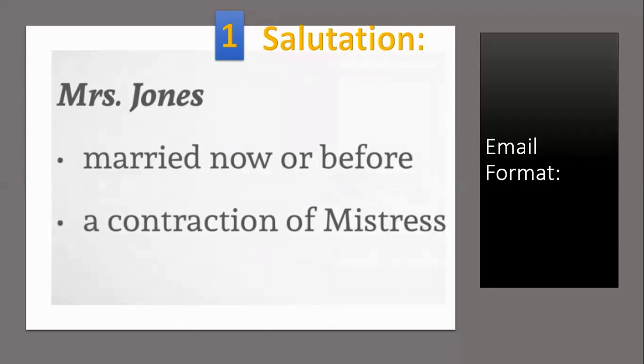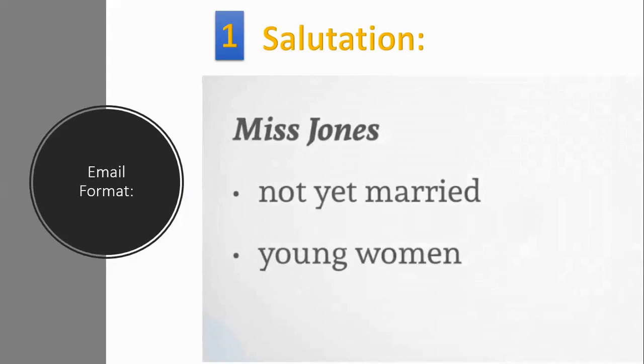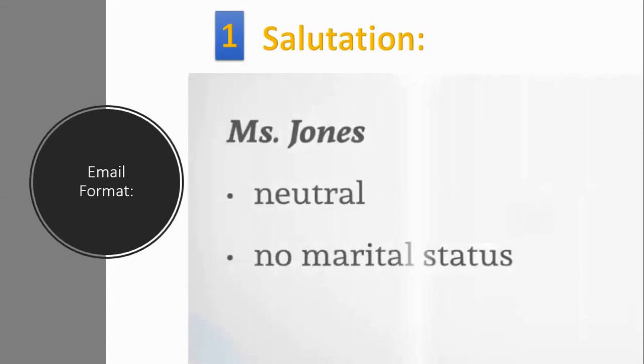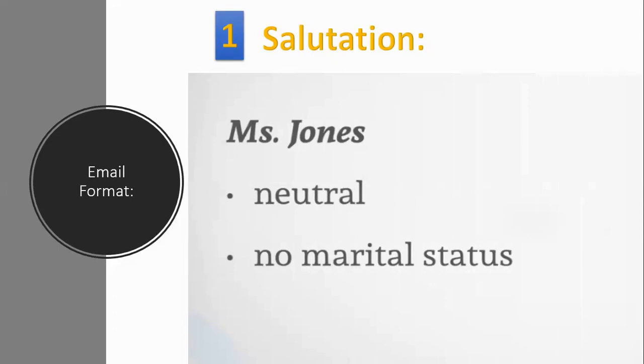Then you're going to use Ms. I prefer using Ms. because maybe I don't know if she's married or not. Miss Jones: for not yet married or young woman. Ms. Jones: neutral, no marital status. You don't know if she's married or single or whatever. You don't even care about this, her privacy in a way.